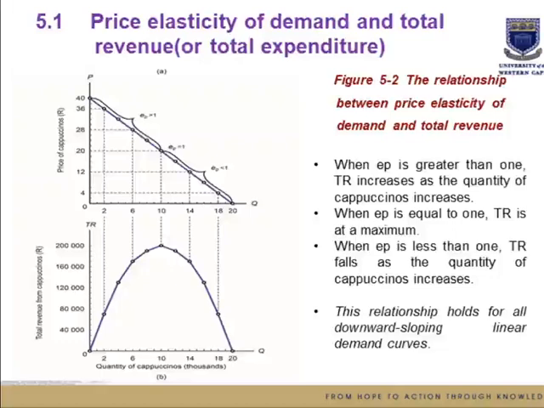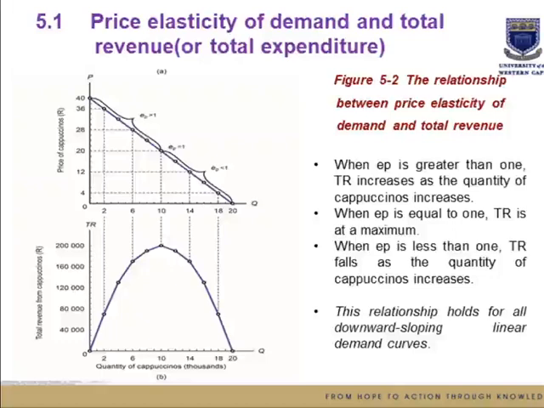As the price falls from 40 rand to 24 rand, the price elasticity of demand is greater than 1, quantity demanded increases and total revenue increases. 2. When the price is equal to 20 rand, the price elasticity is equal to 1. Total revenue is at its maximum. 3. When the price falls from 16 rand to 4 rand, the elasticity coefficient is less than 1. The quantity demanded increases but total revenue falls.